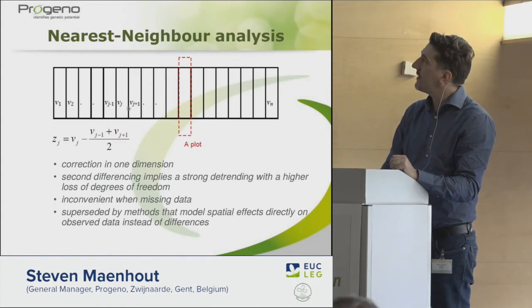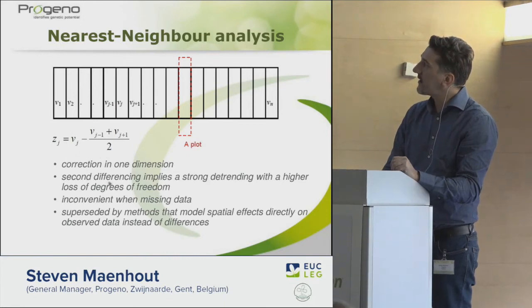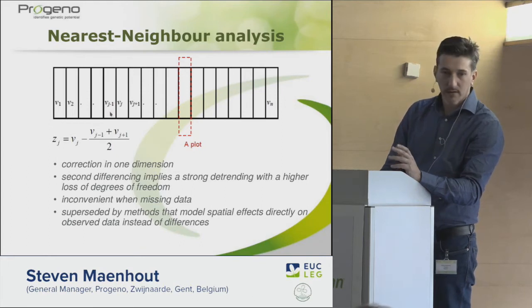And the index of the V is basically the position. So what you will calculate for each plot is the actual value that you measured on that plot minus the average value of its two neighbors. So that would be what is called a second difference. Second because it uses two of the neighboring plots. You also have approaches that use one of the neighboring plots.